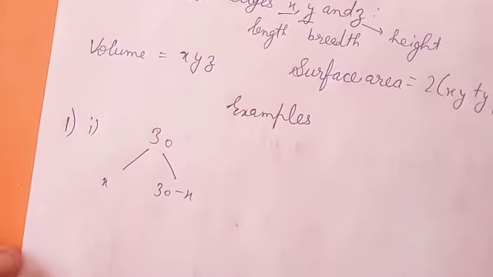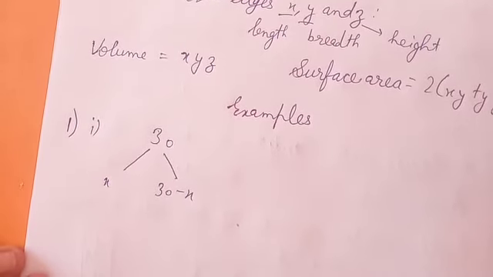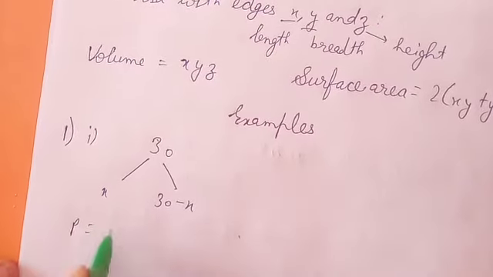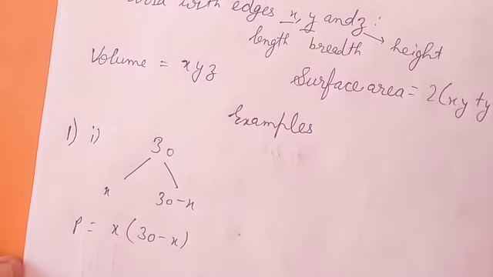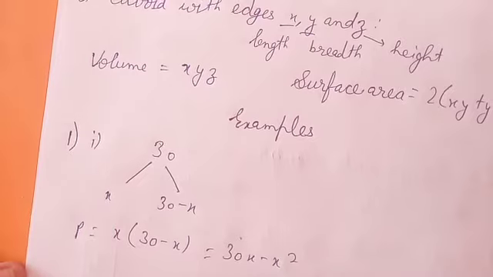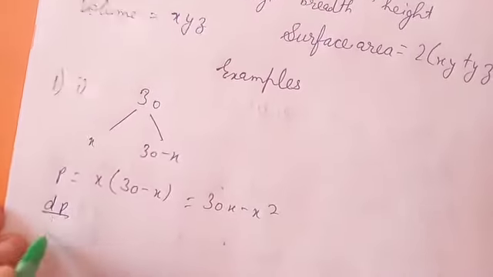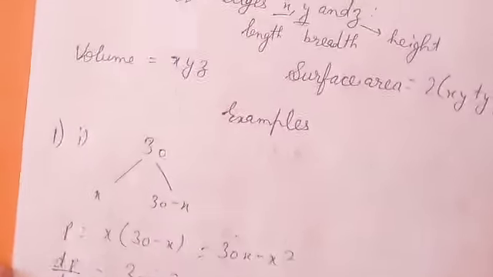Now it is saying that their product is maximum, so we can say their product is P. Their product will be x into (30 minus x), that will be 30x minus x square. Now what we will do, we will differentiate it once: dP by dx will be 30 minus 2x.